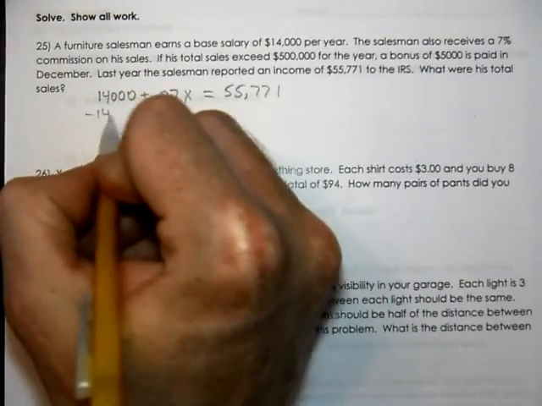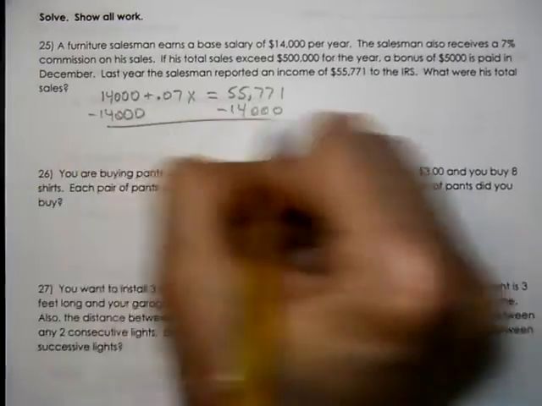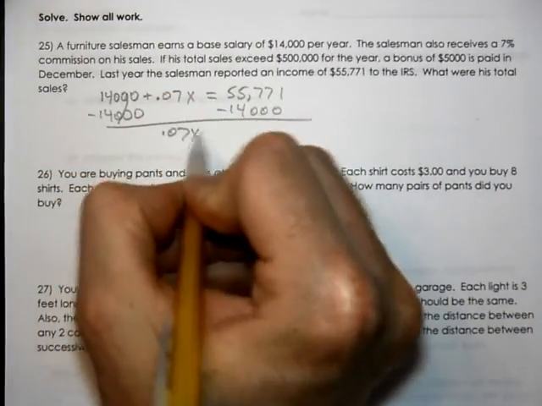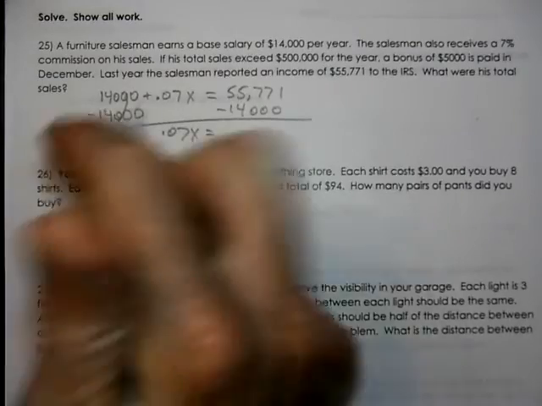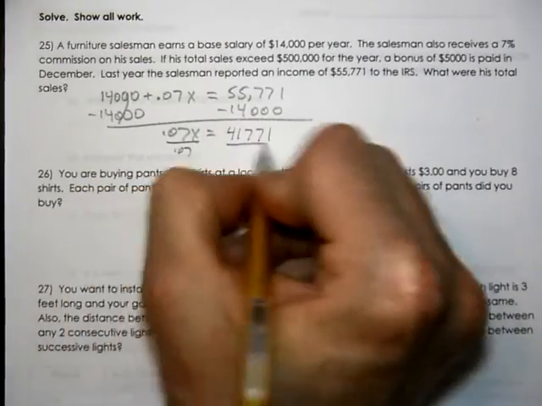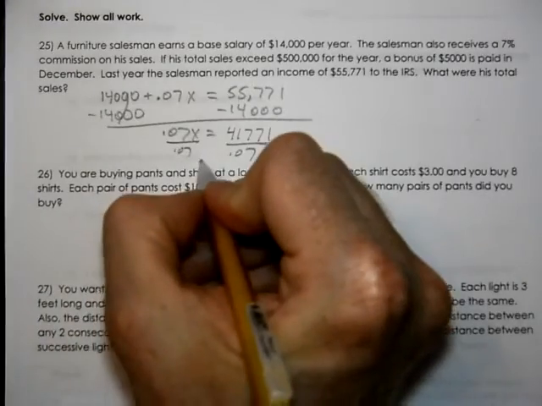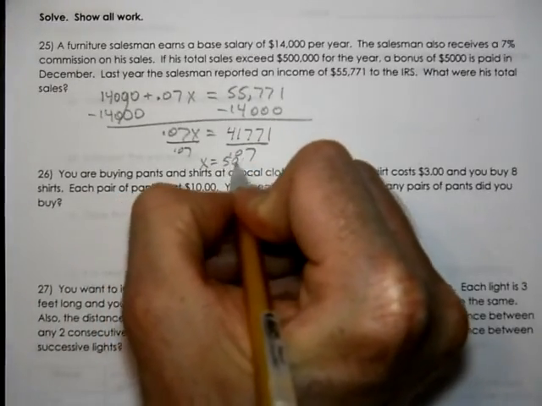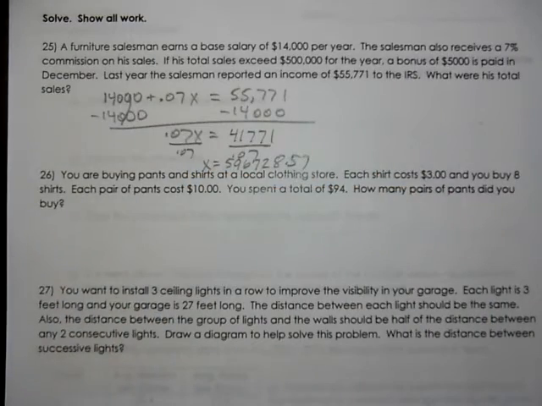So when we solve this, plug that into the calculator, and divide by 0.07, we're going to get a total sales of 596,728 and some change.